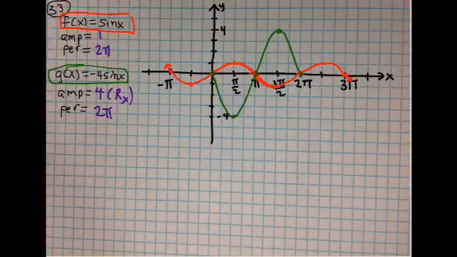I'm going to do the same thing, half a period to the right and half of a period to the left. So again at 3 pi it's going to be another 0, and at 2.5 pi it's going to go down to negative 4, because of the reflection. On the negative side, it has a 0 at negative pi, and then at negative pi over 2 it goes to positive 4, and then goes back down, and then the arrows. And that's it.